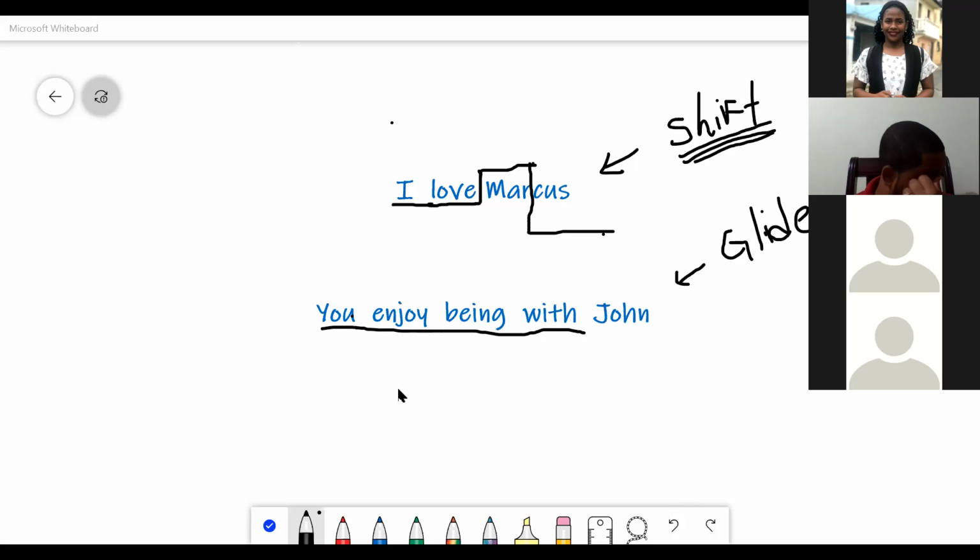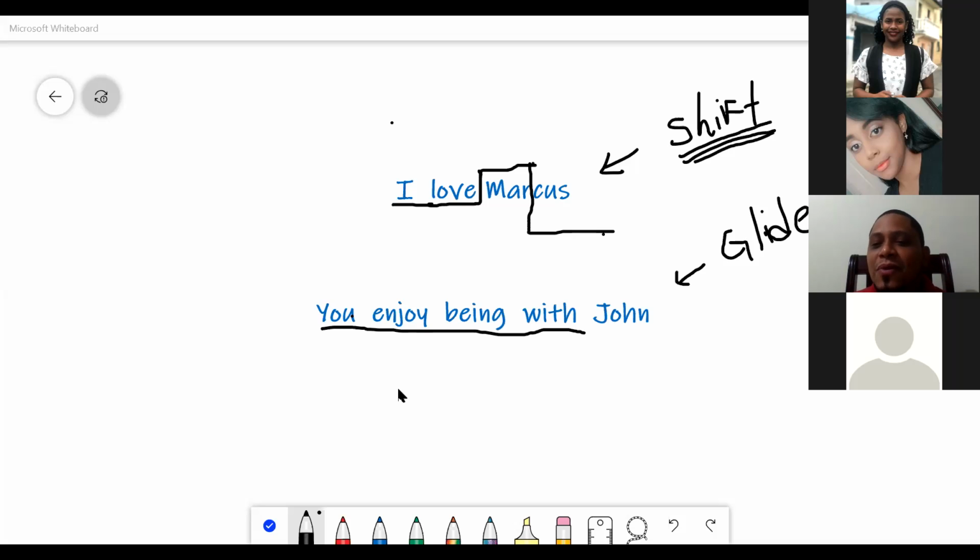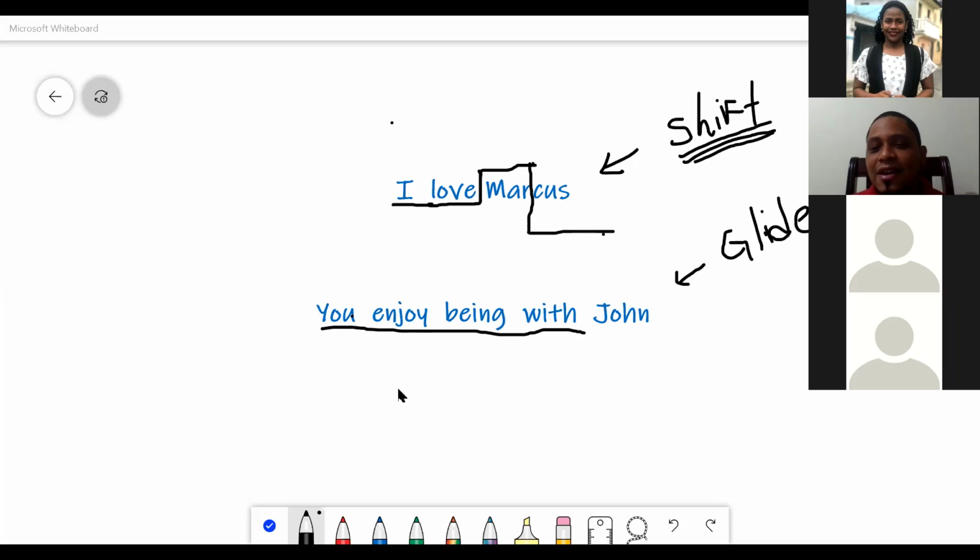Well, the glide is when the voice slides from one tone to another while it is pronouncing a syllable.